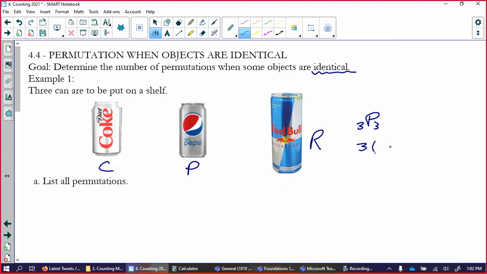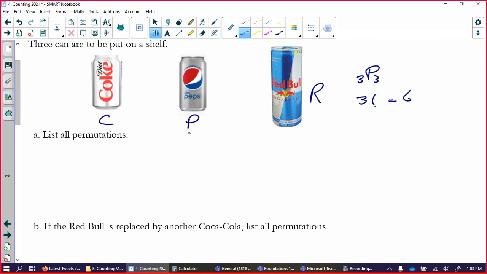In which we can work this out to 6. I want to write them out for a reason. So we can have Coke, Pepsi, Red Bull; Coke, Red Bull, Pepsi, in that order.